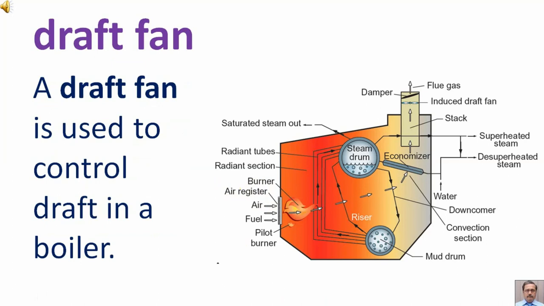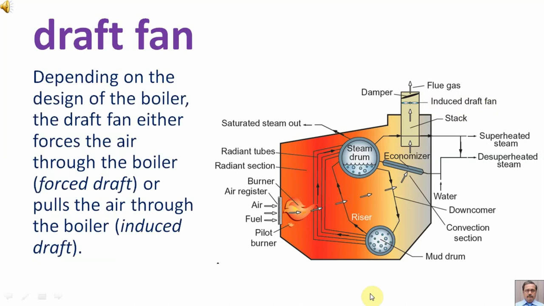A draft fan is used to control draft in a boiler. Depending on the design of the boiler, the draft fan either forces the air through the boiler, that is forced draft, or pulls the air through the boiler, induced draft.